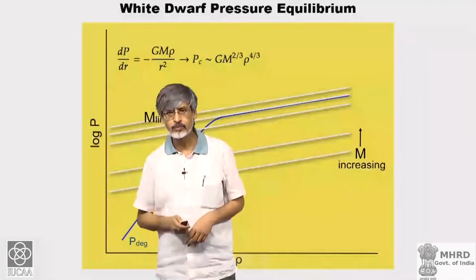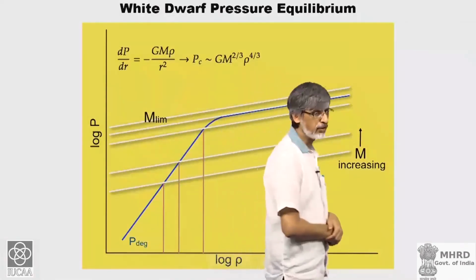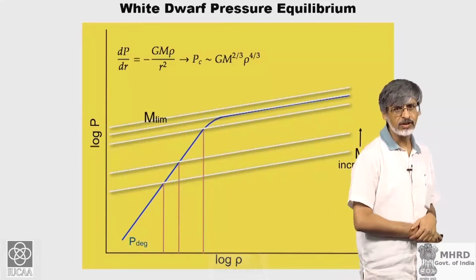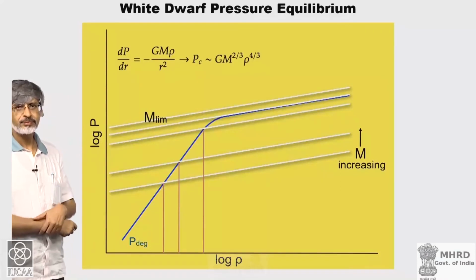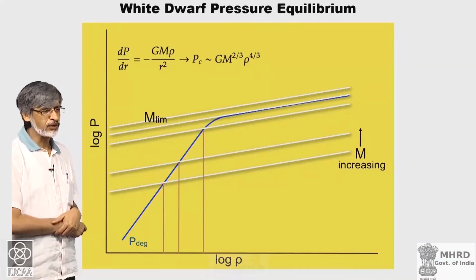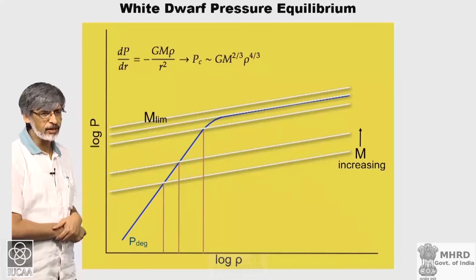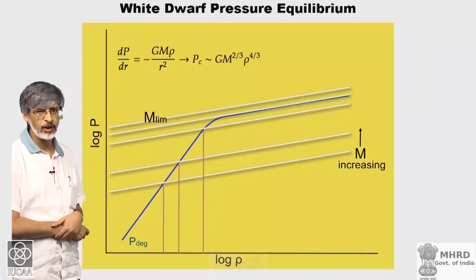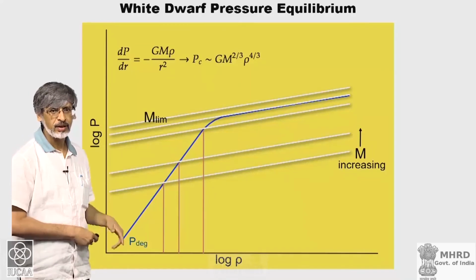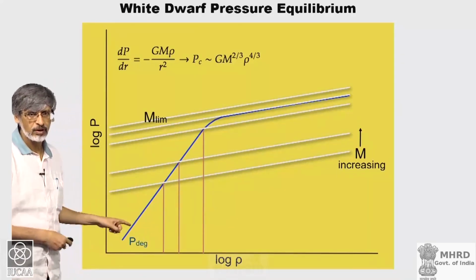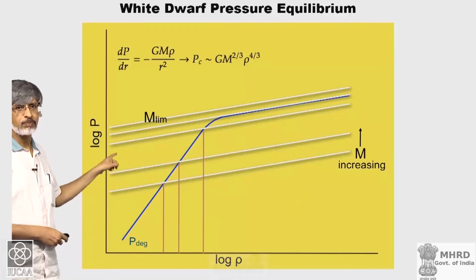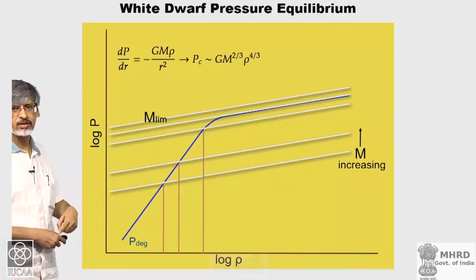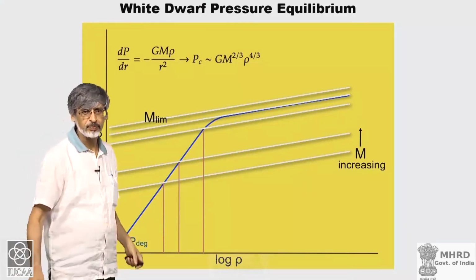We will try to explain the origin of this limit. To explain the origin of this limit schematically, let us go back to the schematic diagram I drew a little while ago, where I am plotting the electron degeneracy pressure in this log of pressure versus log of density diagram.